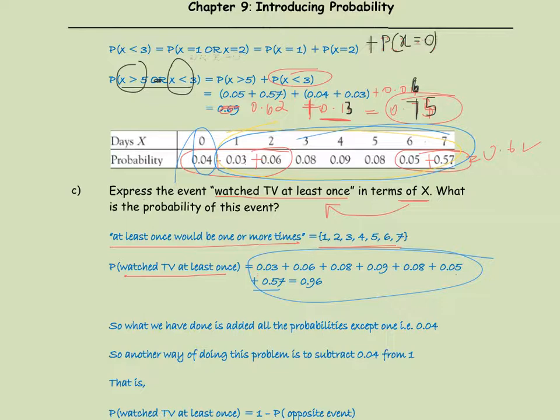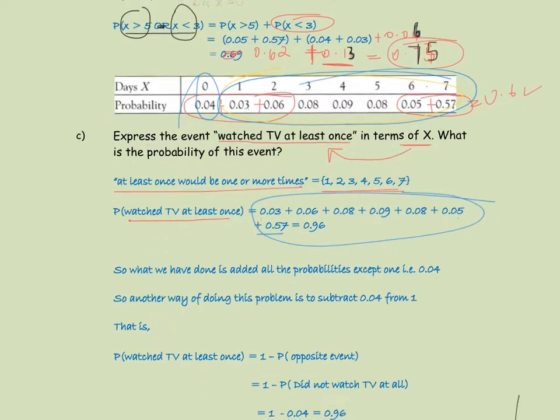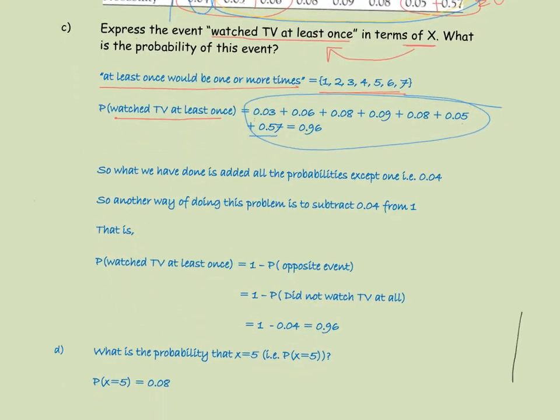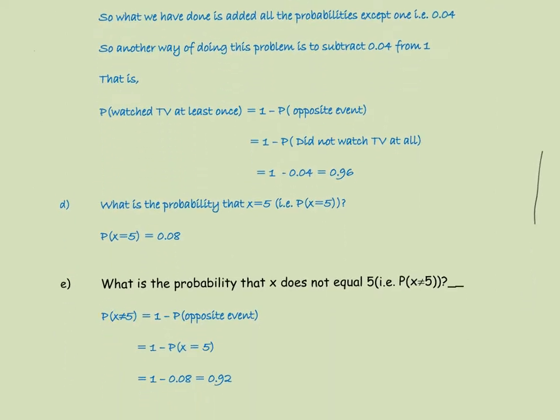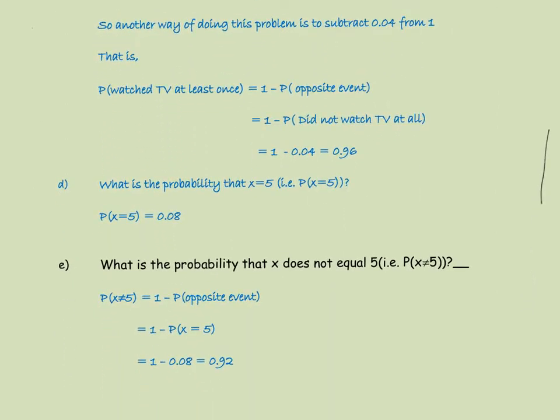So if we use one of the rules that we discussed earlier, which is the rule of complements, we can use the formula: the probability that someone watched TV at least once is 1 minus the probability of the opposite event.